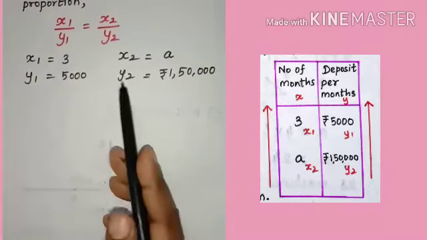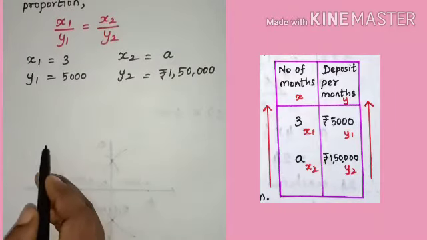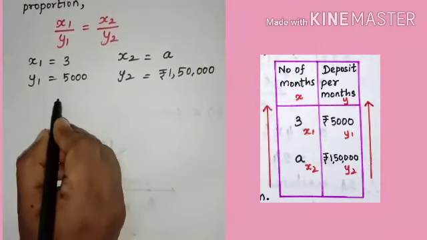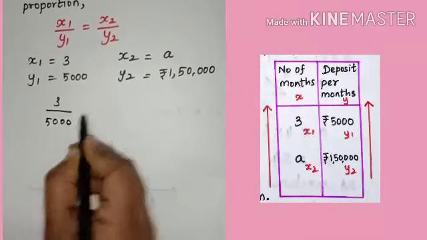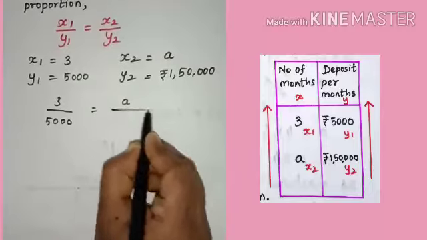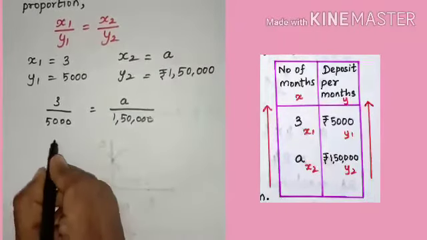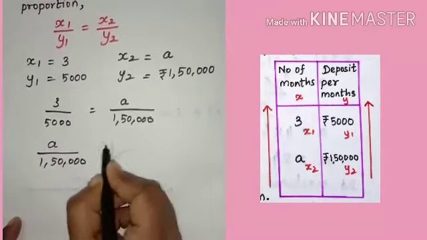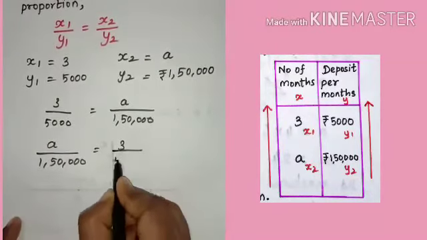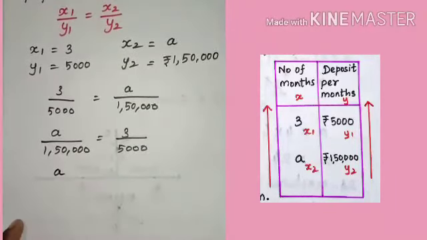Substituting in the condition, x1 is 3 divided by y1 is 5,000, is equal to A by 1,50,000. And here we need the value of A.